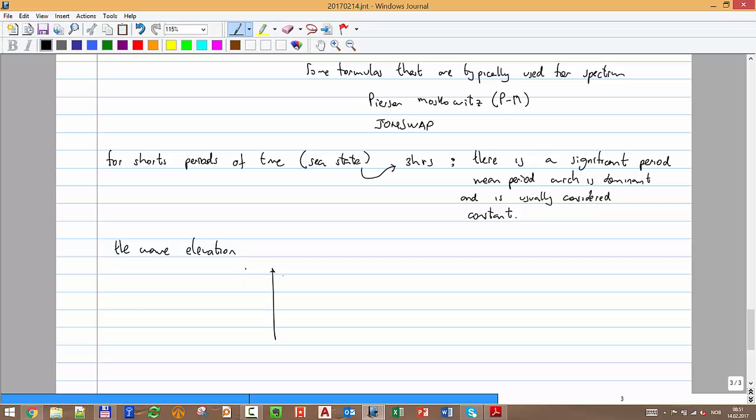So you have the wave elevation, which was this strange letter, in meters, and if we calculate the probability density function, it's just going to be a normal distribution. So you have some variation of the wave in this 3 hour period.